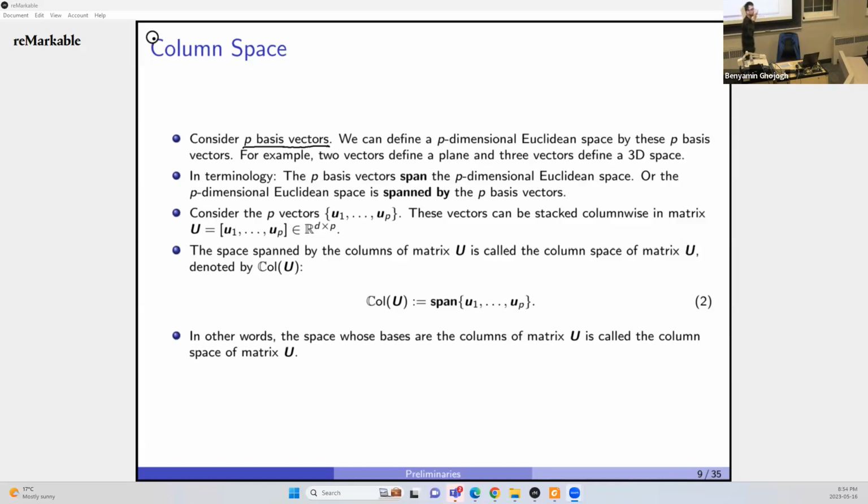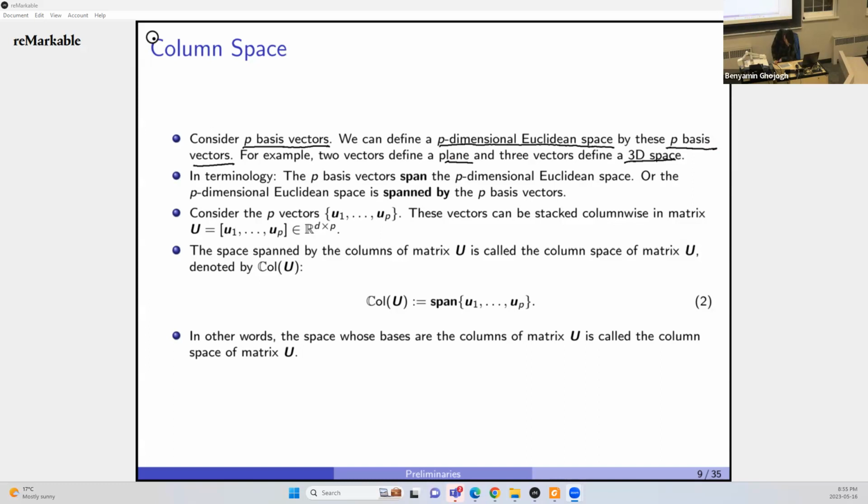In 3D also, we need three bases, X, Y, Z, right? So in a p-dimensional Euclidean space, we need p basis vectors. So far clear? Okay. Now we can define a p-dimensional Euclidean space by these p basis vectors. For example, two vectors define a plane, three vectors define a 3D space.